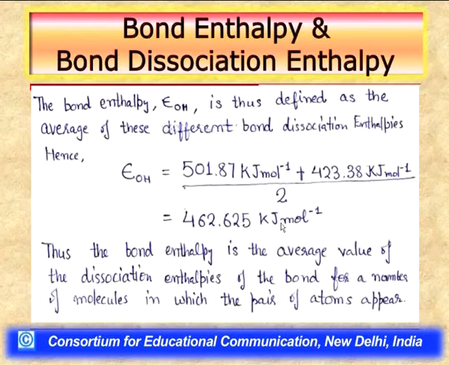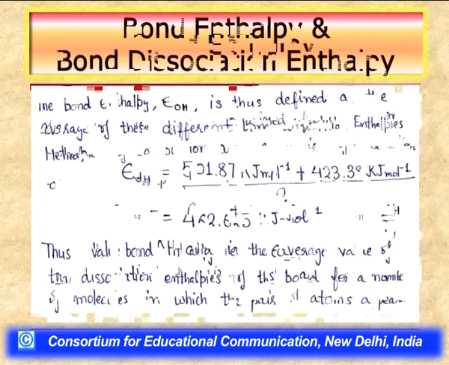When we take the average, what we end up with is nothing but the bond enthalpy. So, bond enthalpy is the average value of the bond dissociation enthalpies for a particular bond for a number of molecules in which the pair of such atoms appear.